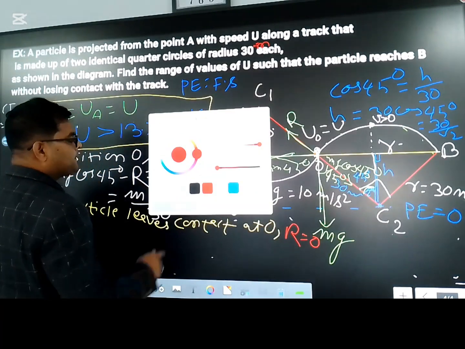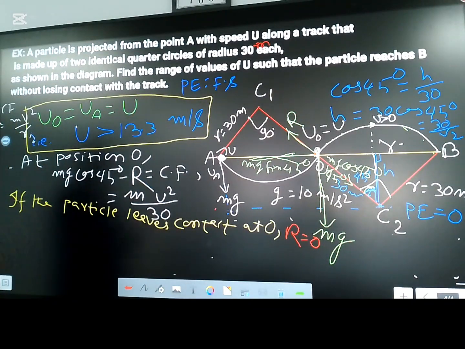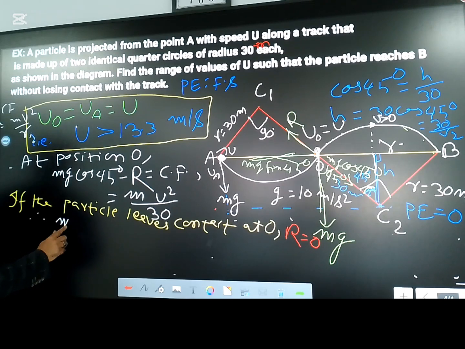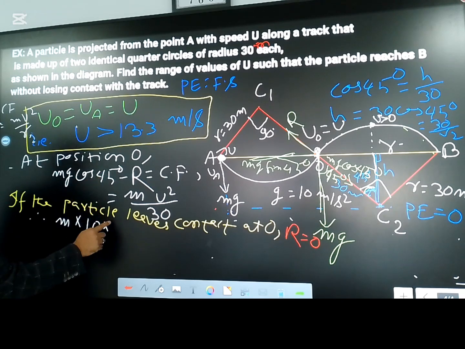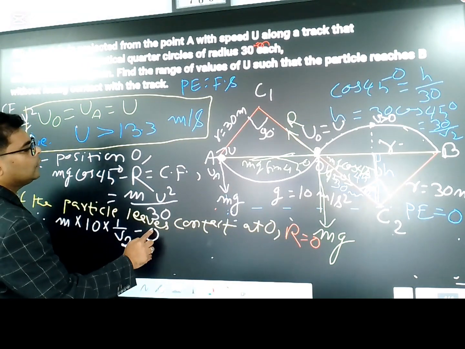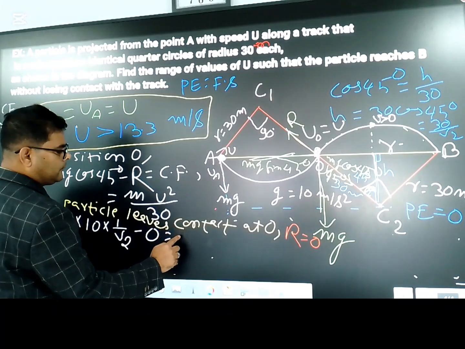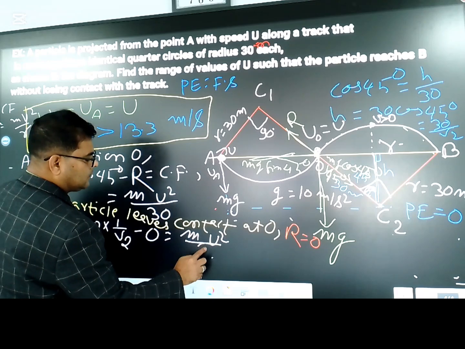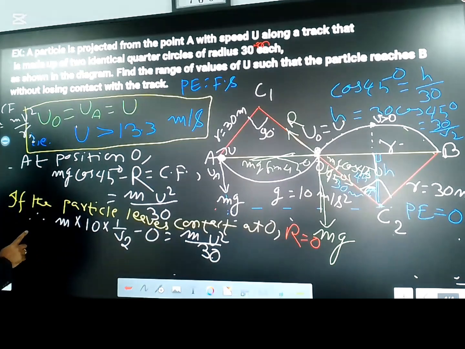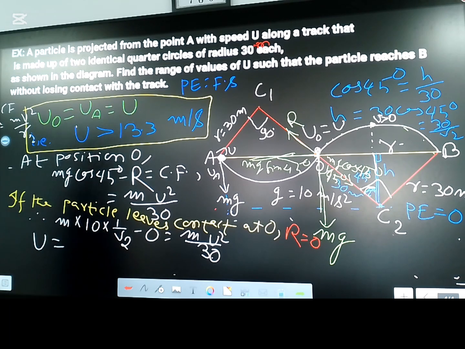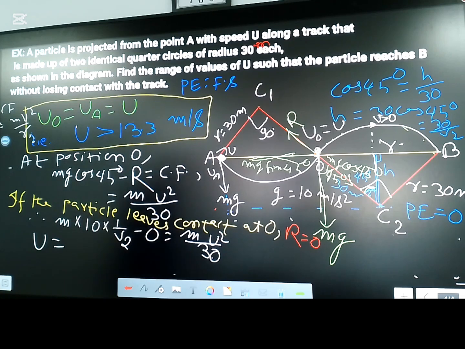So on the basis of this assumption, what you get here is, you can take g as 10, cos 45 degrees is 1 by root 2, R we are taking as 0, and the centripetal force is u squared by 30, that is r. This will give you the value of u as 14.6.